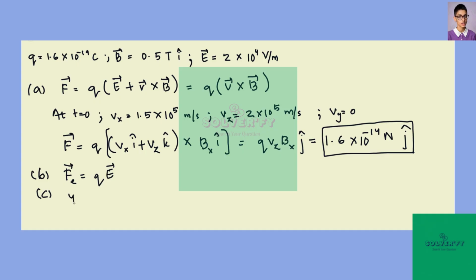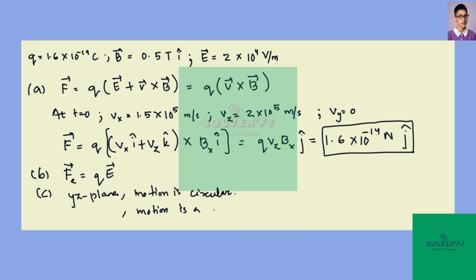So in the YZ plane, motion is circular, as we know, but if there is a velocity component in the direction of B, in that case the motion is a helix.